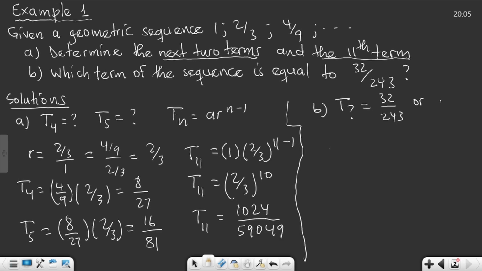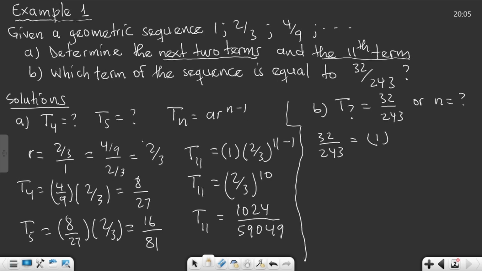Or you can say the question is asking for the value of N. Can you see that? So I'll need this formula to solve for question B. So in the place of Tn, I'll put 32/243 is equal to A. What is A? The first term, 1.